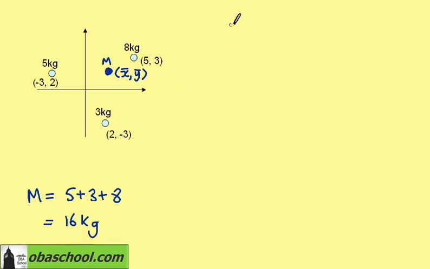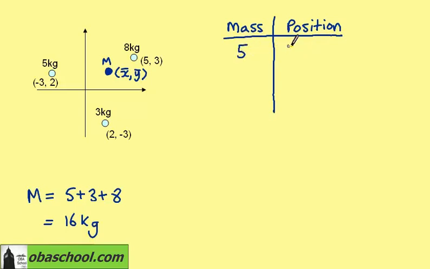In order to find x bar and y bar, let's collect the information in a table. We take the mass and position for each particle involved. First, let's look at the original particles. We have a 5 kilogram mass at the point -3, 2.